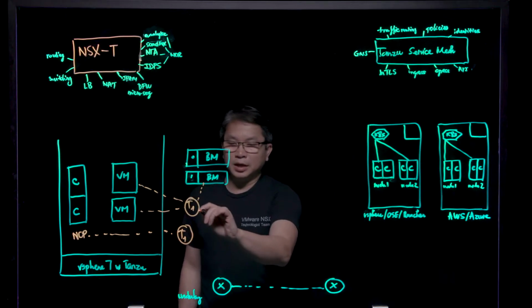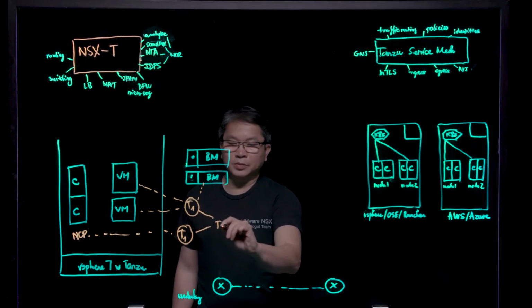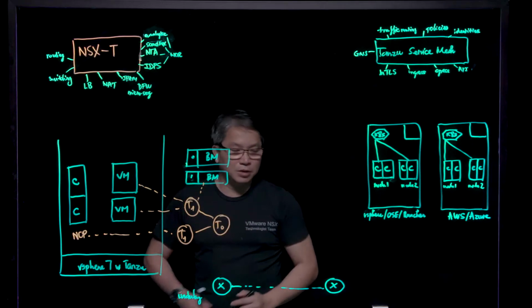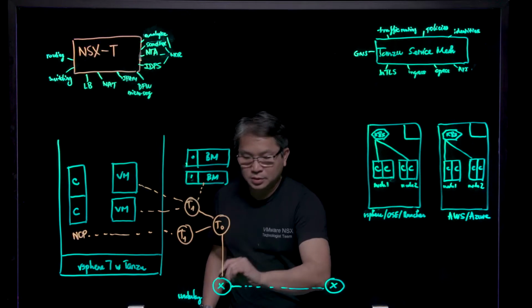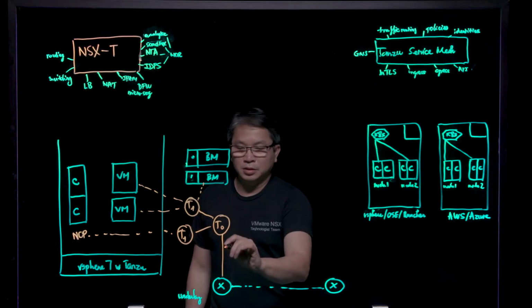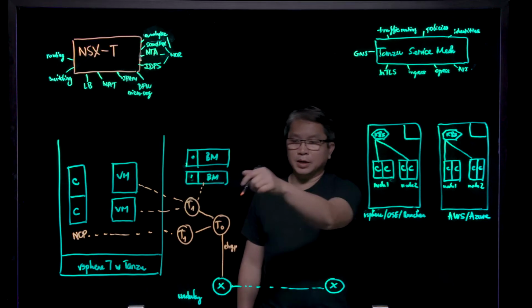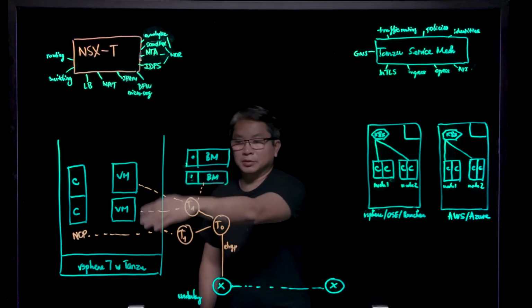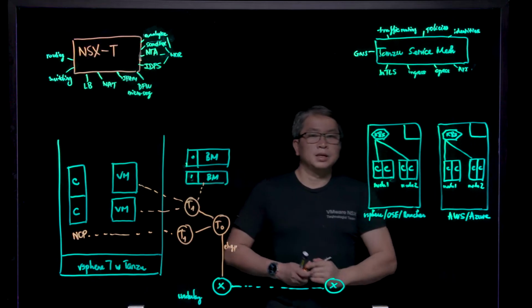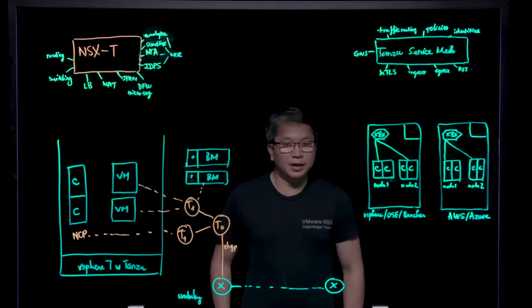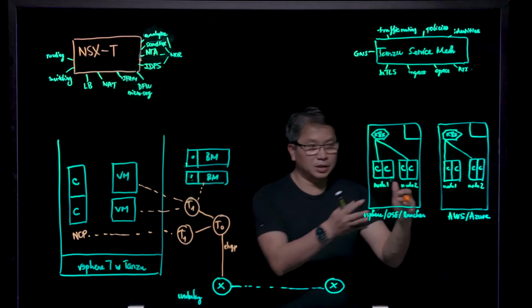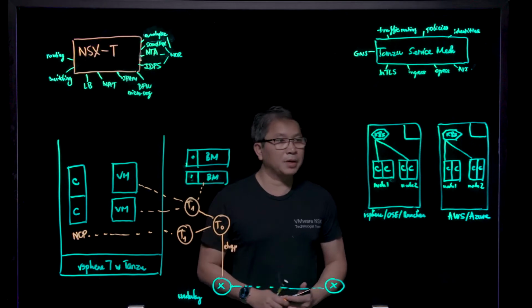Together they connect to the tier 0, which is the upstream router that handles the north-south traffic. And both connect to the underlay routers. Here you can do eBGP or static routes directly to the north-south. That's how traffic lands into this cluster. So we see how the container plugin from NSX can take the full benefit of that, whether running on vSphere or on a different type of workload in different types of clouds.